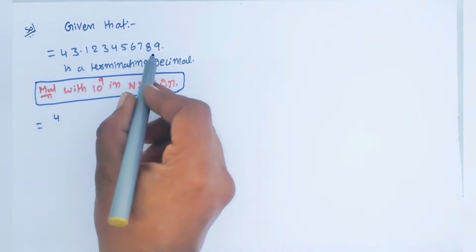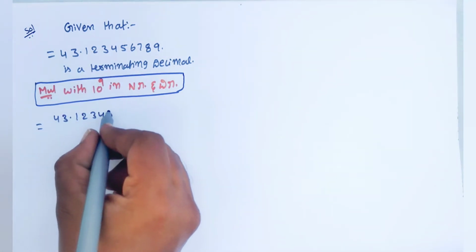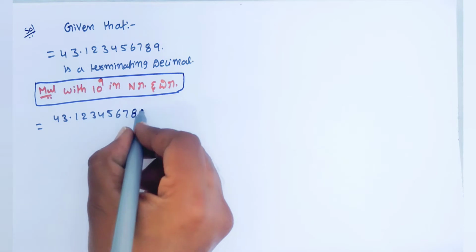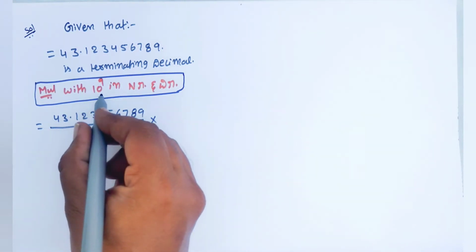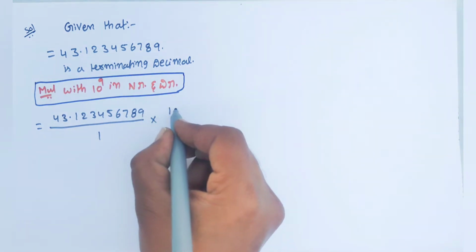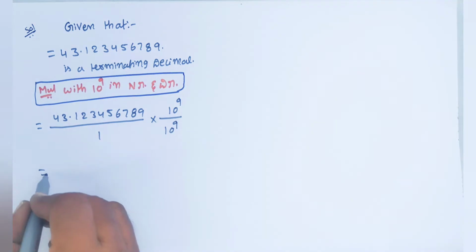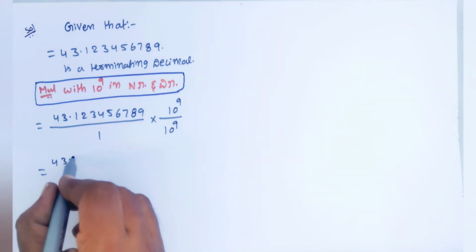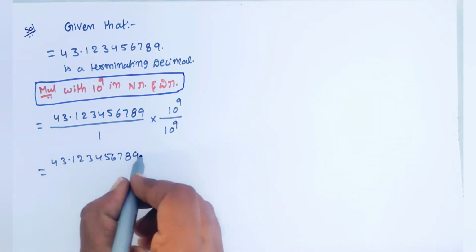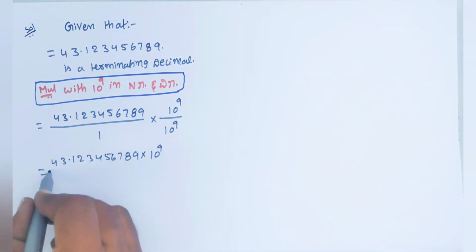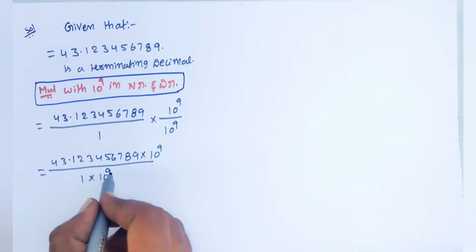That equals 43.12345678 divided by 1, into 10 power 9 by 10 power 9. So numerator into numerator means 43.123456789 into 10 power 9, whole divided by denominator into denominator, 1 into 10 power 9.